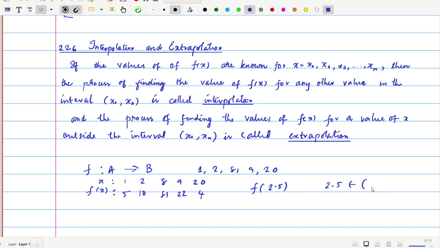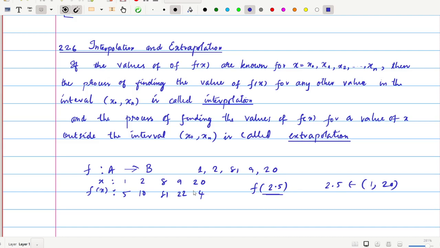This is inside the interval 1 to 20. So if we choose any value between 1 and 20 and try to find the function value at that point, the process of finding this f value at 2.5 is called interpolation.